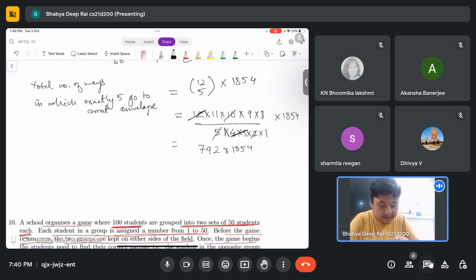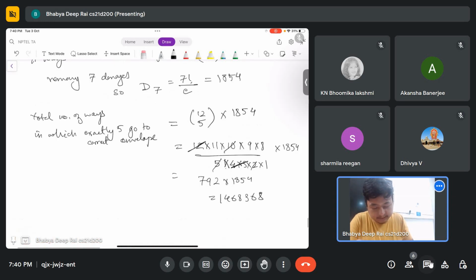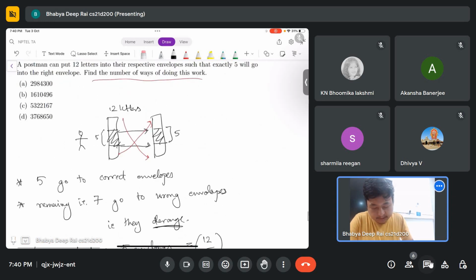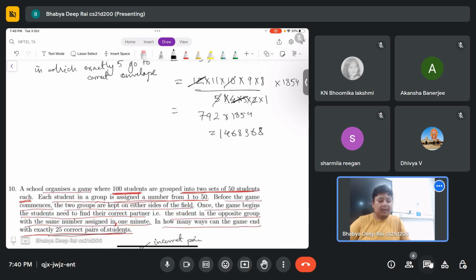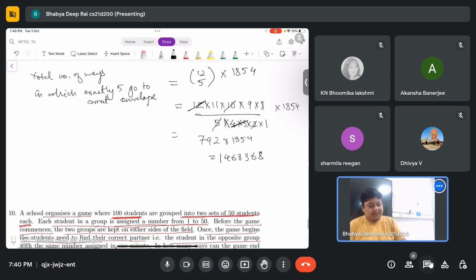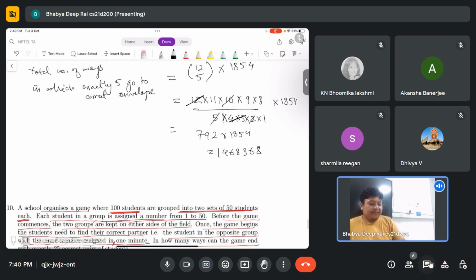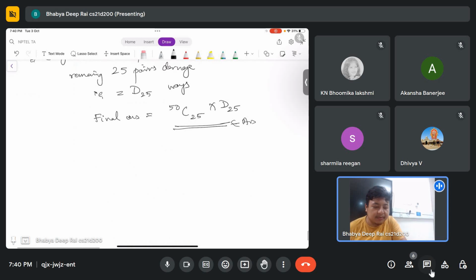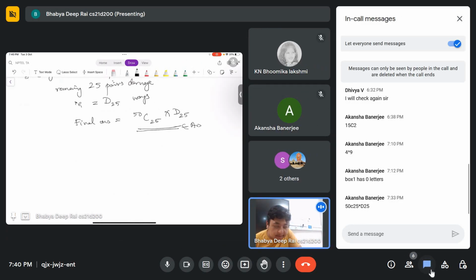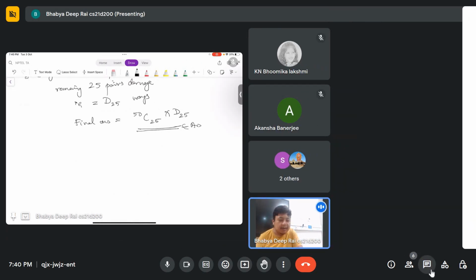Where was the mistake? This is 1468368. Then probably there's a problem with the options, because the calculation looks correct. Anyway, Akanksha's answer is correct.